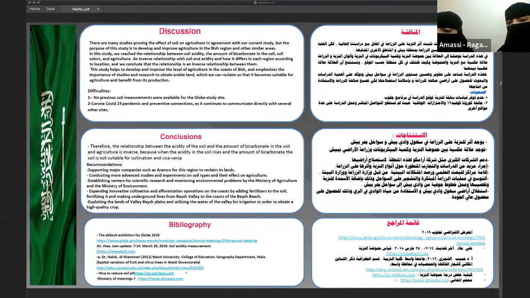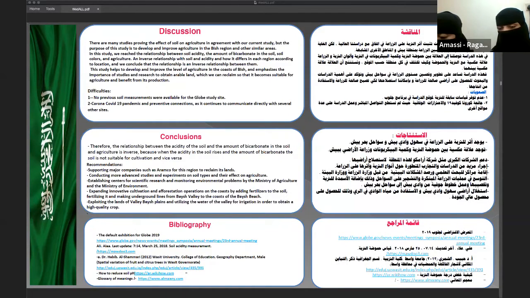Until we do the experiment, we brought different types of soil and added vinegar to know the amount of bicarbonate, then planted. Okay, we noticed that there is an inverse relationship between acidity and the amount of bicarbonate and the cultivation of Besh lands.